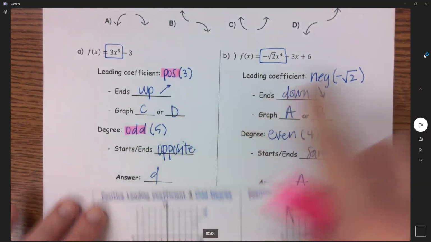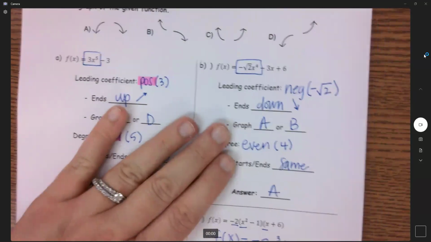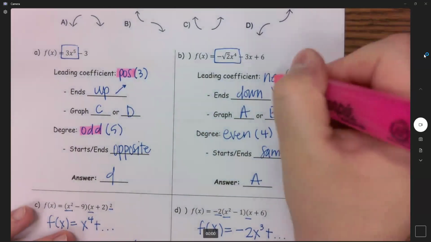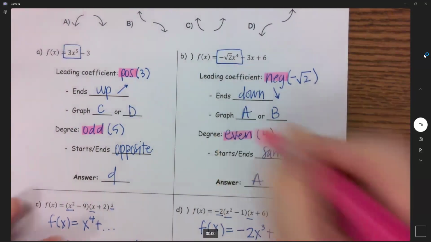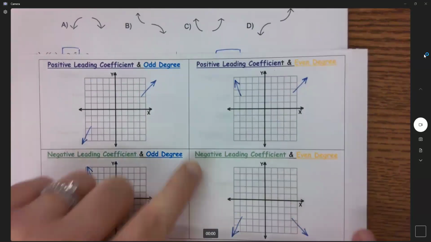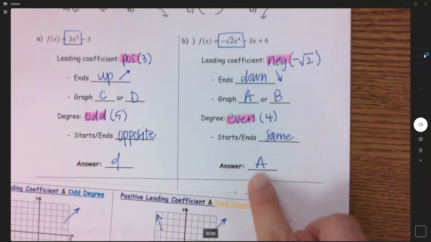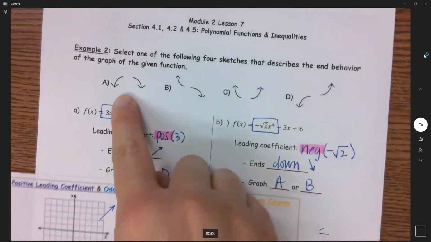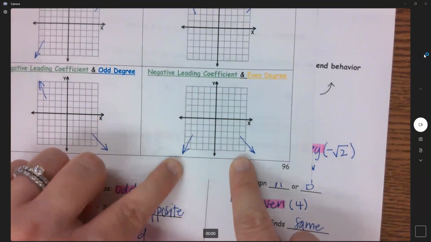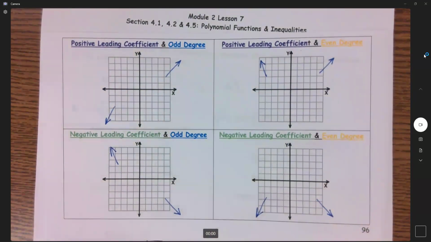And so we said the answer was D, and it was D. You can come over here. This one has a negative leading coefficient with an even degree. Negative and even degree need to both start down. We said the answer was A, and it looks exactly like that right here. You can also use this if you prefer this right here.